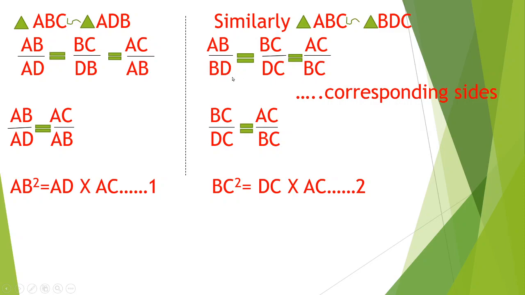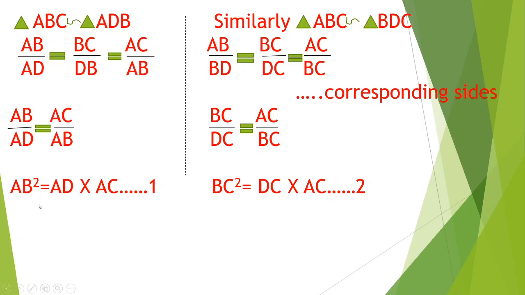Taking BC upon DC is equal to AC upon BC, by cross multiplication, BC square is equal to DC into AC. This is our second equation.